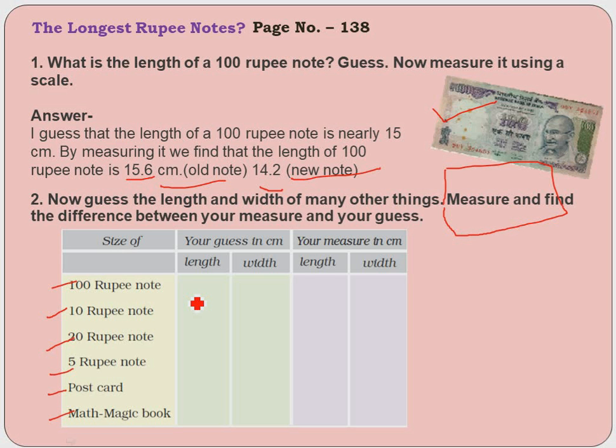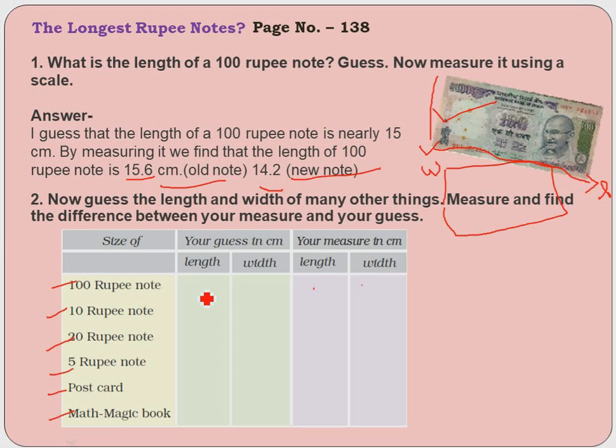How much you are thinking, write the guesswork here, and then take a scale and measure its length and width. The longest part will be the length, and the shortest part will be the width. Now you measure the length and the width and put it in this box. And then they are asking you to find the difference.